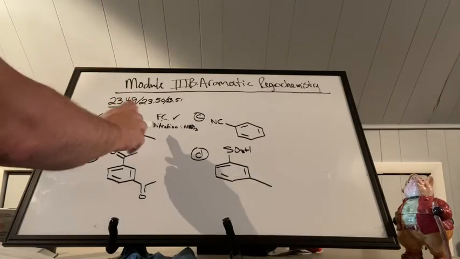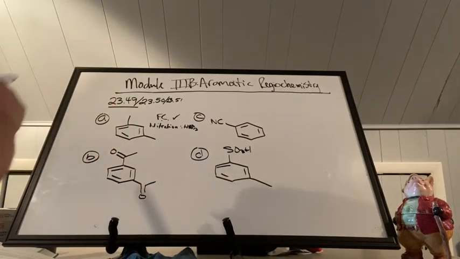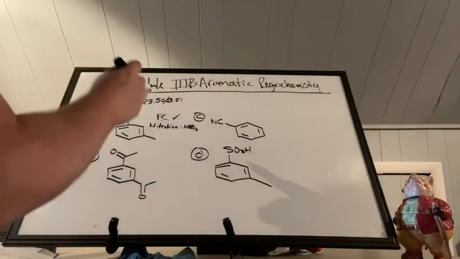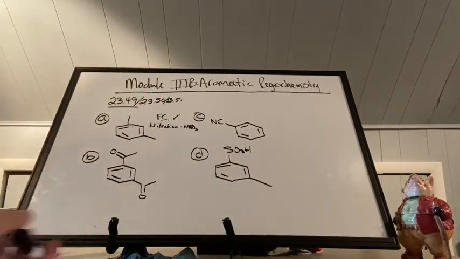And then the third one for 2350 asks, should you be adding fuming sulfuric acid to sulfuric acid, because that's going to act as a catalyst, or they're going to add some SO3 in there to get the reaction going forward.